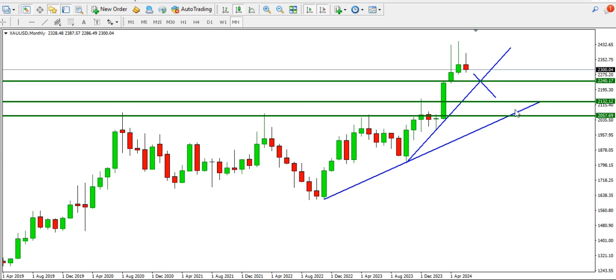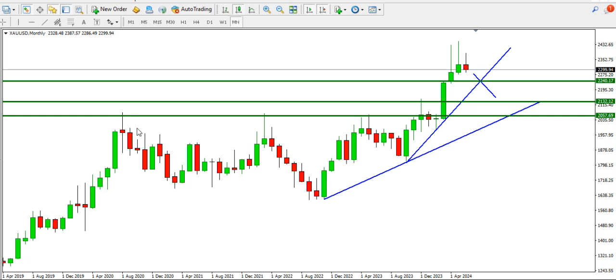So that's that for the monthly time frame, but the overall direction shows that price is currently bullish. But for every trend, you have impulsive moves when the price goes in the direction of the trend.